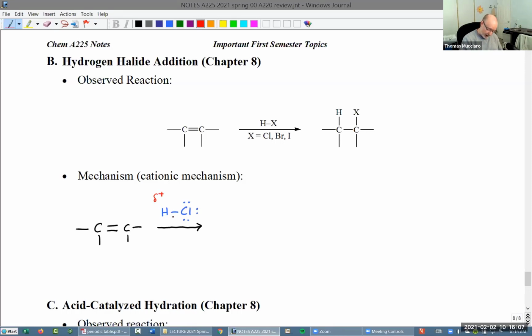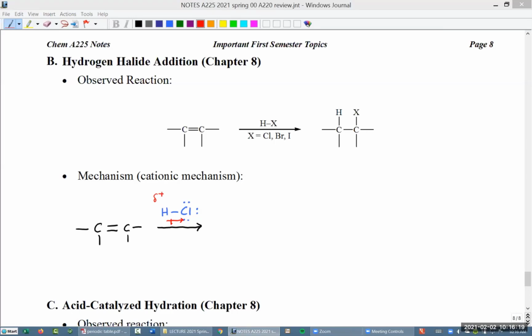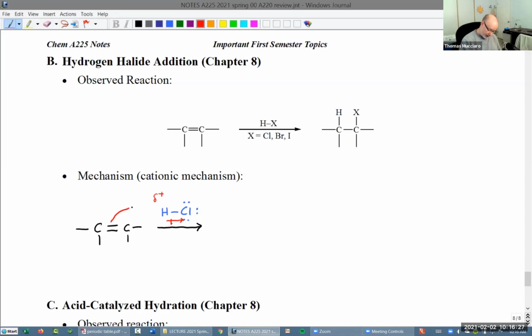So that hydrogen is going to have a positive charge, because the chlorine is so electronegative, it's pulling electrons away from it, right? And so now this pair of electrons would be attracted to that positive charge, and it makes a bond to the hydrogen.